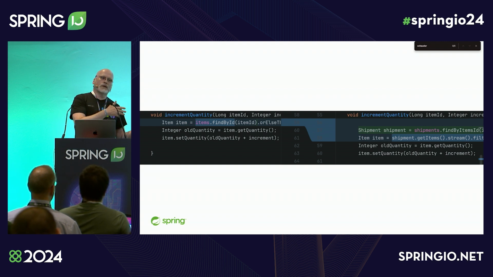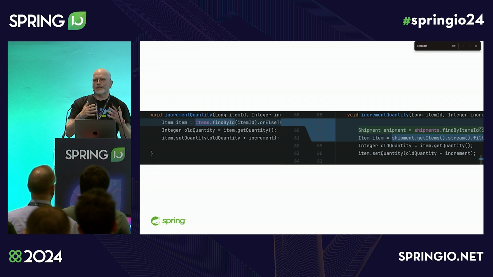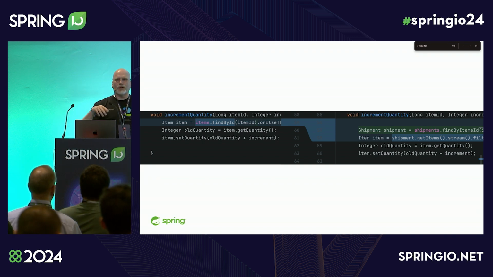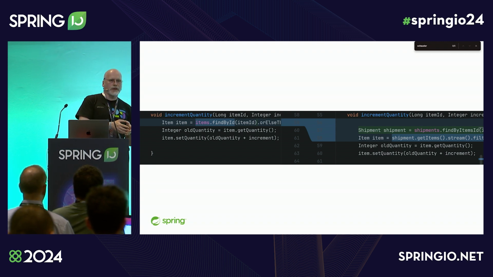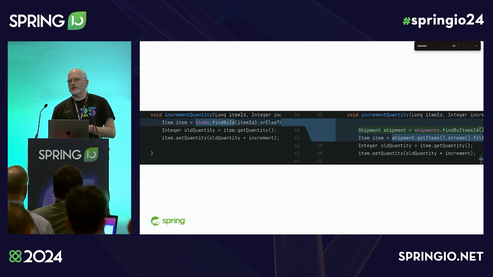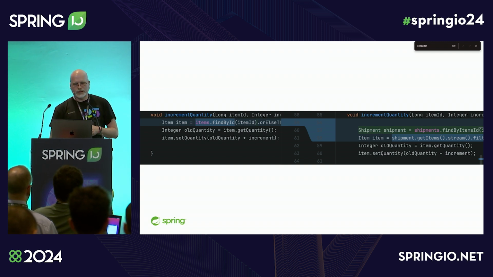And again, as I said in the beginning about aggregates, everything inside an aggregate gets only accessed through the aggregate root. And I do, in this little code change, a minimal version of that. I still access it from the outside, but at least I load the shipment and then find inside the shipment the correct item and then manipulate it.